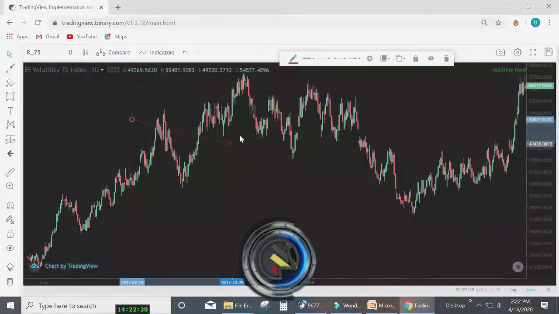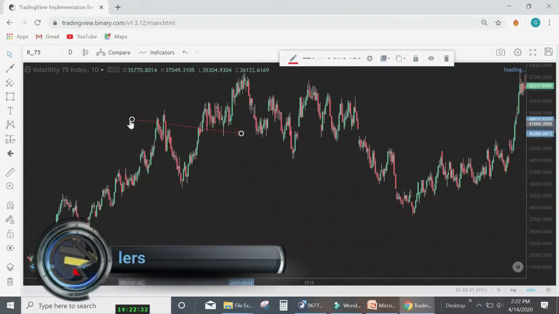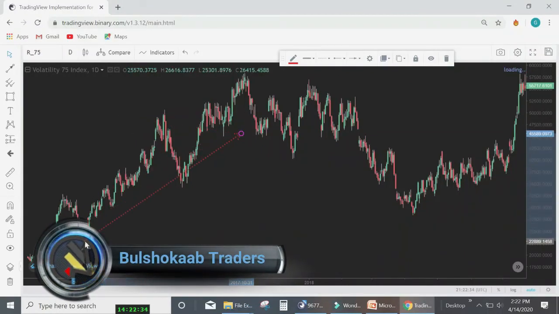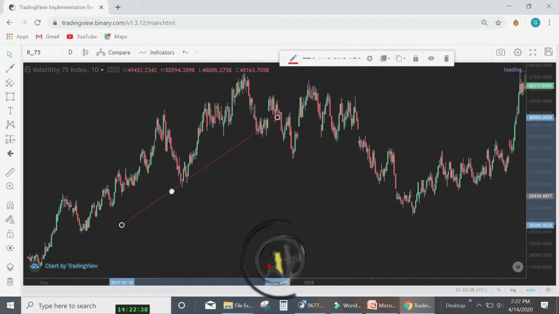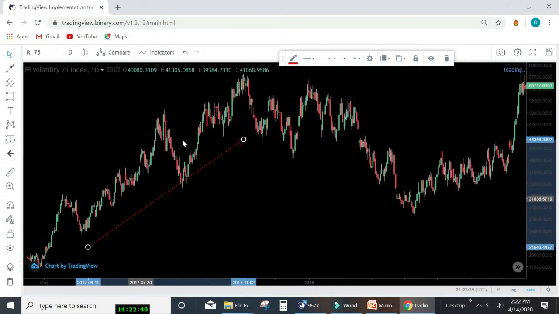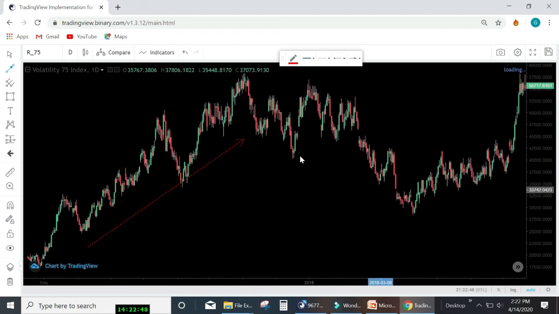Okay, in here you see I have an uptrend. So the market has a direction like this, a good direction, the price moves from down to up, and then in here you see the price moves from up to down.